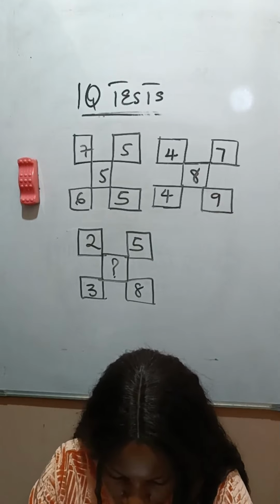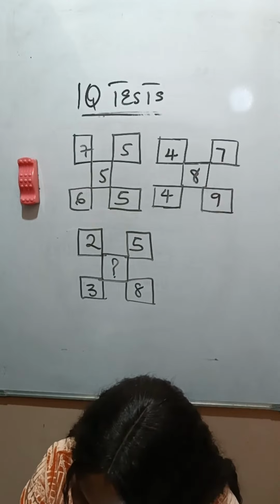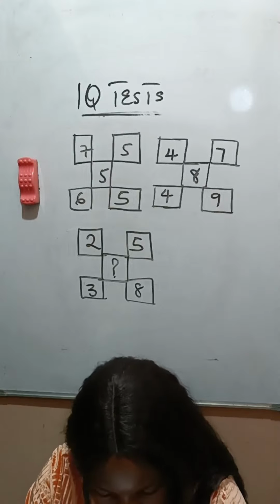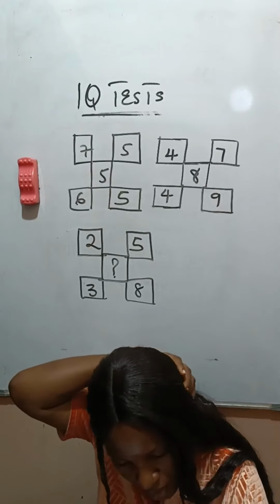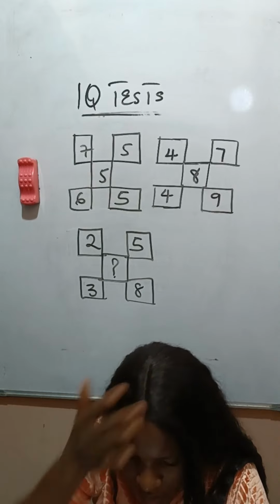Let's go. What is the missing number? Why 6 though?